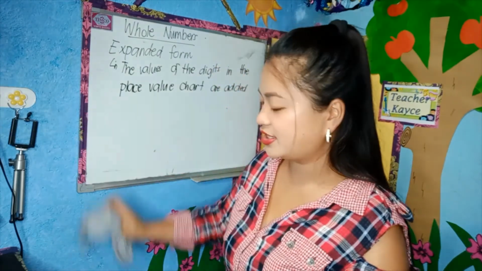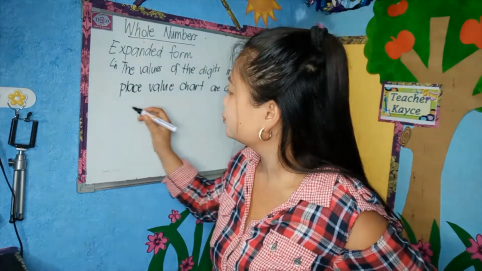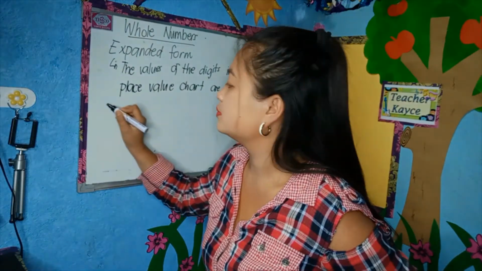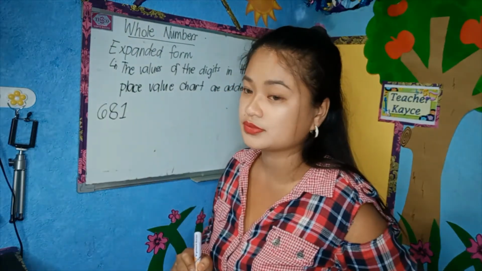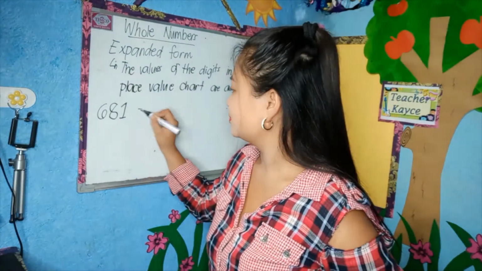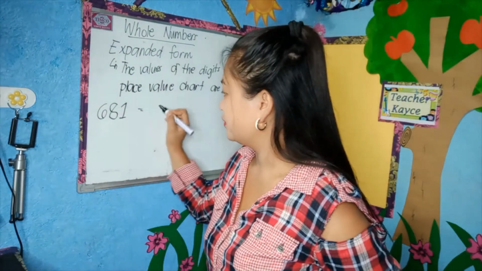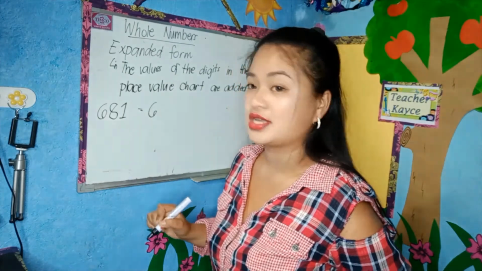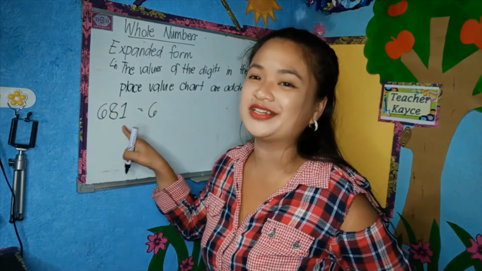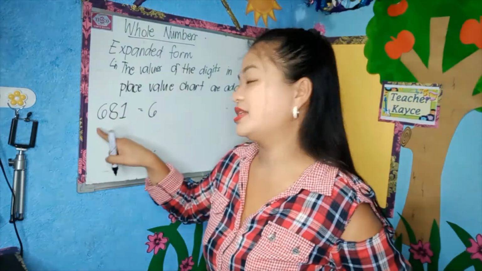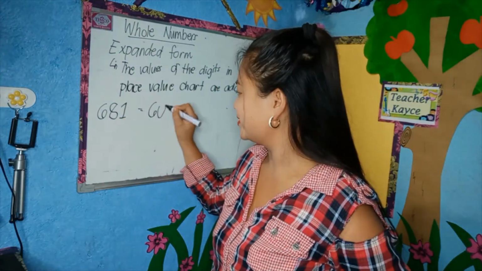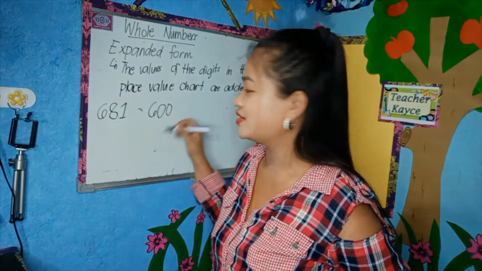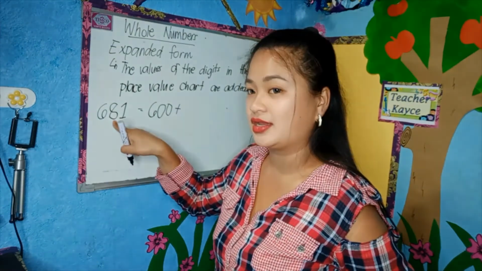Let's have another example. We have 681. Expand them. You have your 6. How many zeros? You can count here. You can base here. How many zeros? 6, 1, and 2 zeros. So that is your 600 plus 8.